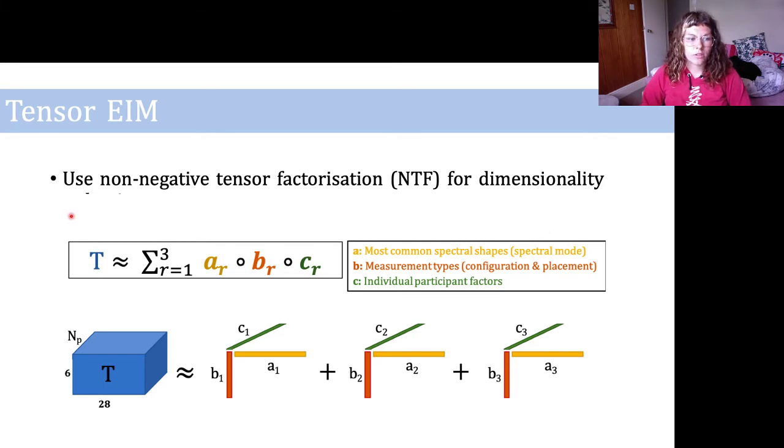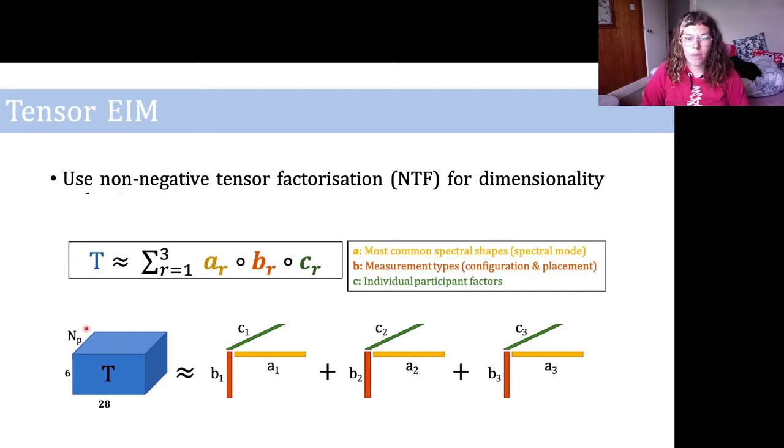So the high-dimensional data set is built up into a 3D tensor with one dimension of size 28, which is the 14 spectral resistances and reactances, and then the next dimension is of size 6, which is the different measurement types made up of the placements and the configurations.